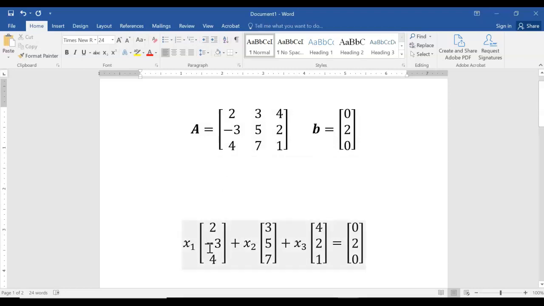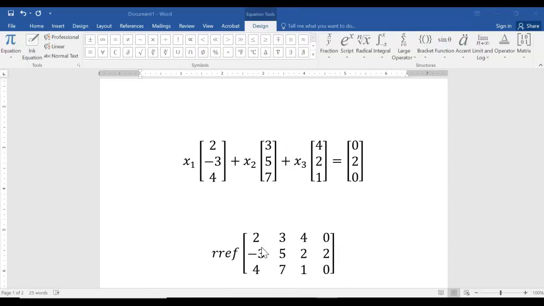You don't have to write it as a vector equation every time because you know that the augmented matrix is just going to be a 3 by 4 matrix where it's the matrix A and then I add on that column of B at the end.